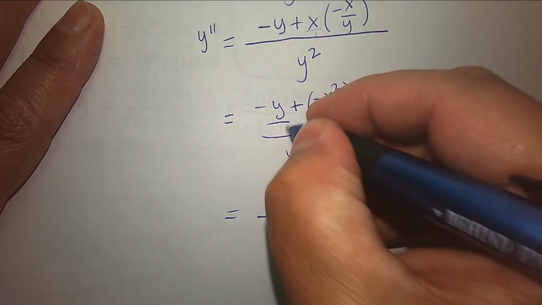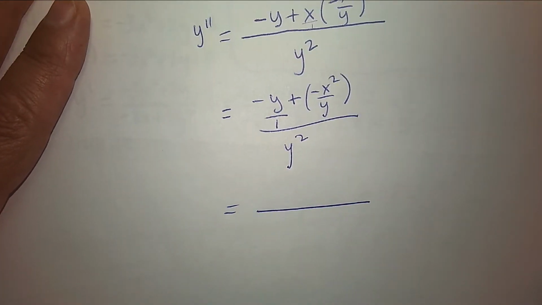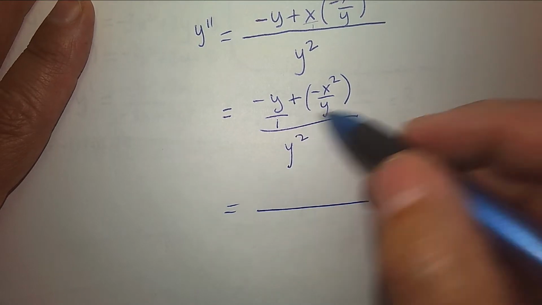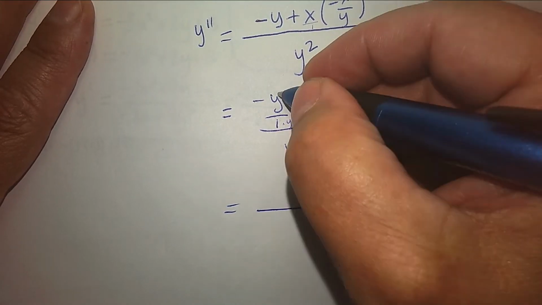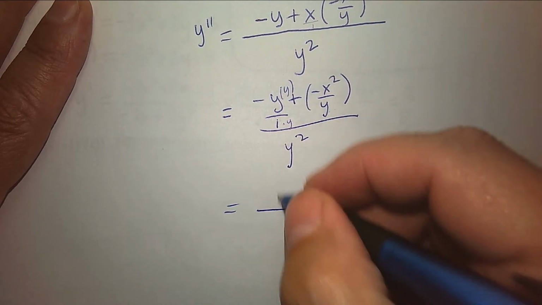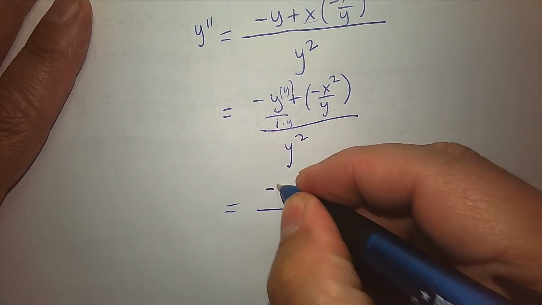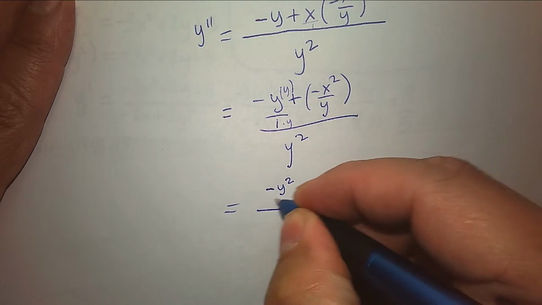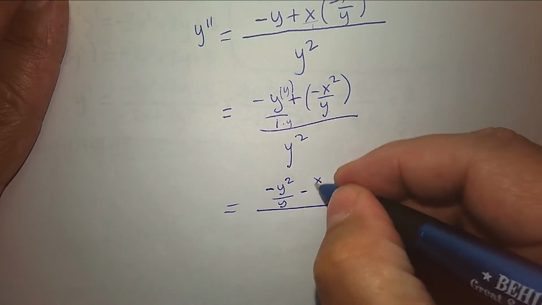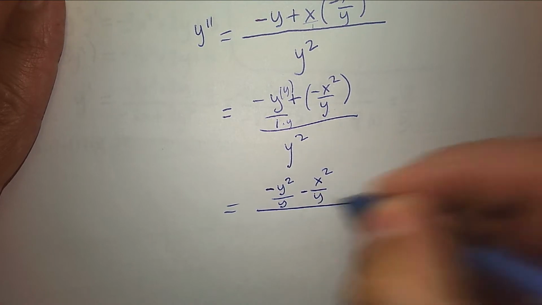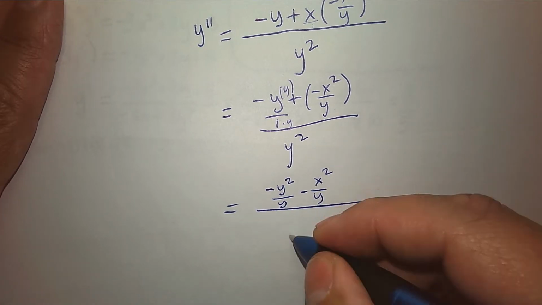Put a 1 underneath the negative y. Get a common denominator, so multiply top and bottom times y. So this becomes negative y squared over y. This becomes subtracting x squared over y, and that's all over y squared.